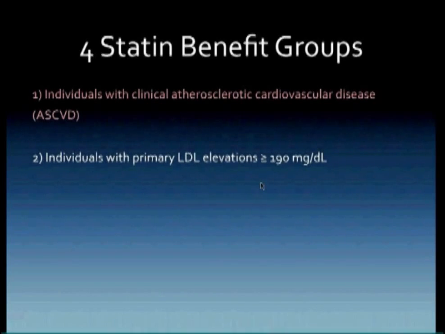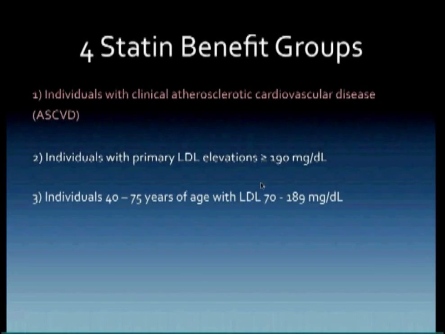The other groups they identified are individuals with primary LDL levels greater than 190, who would benefit from a statin. Individuals aged 40 to 75 years with an LDL level of 70 to 189.